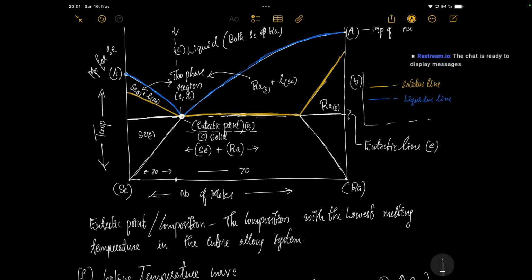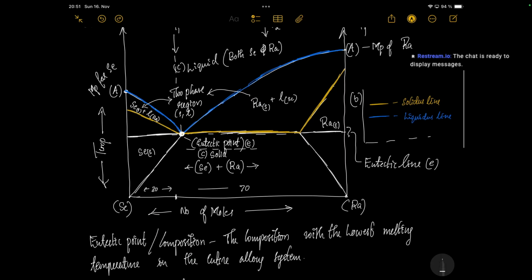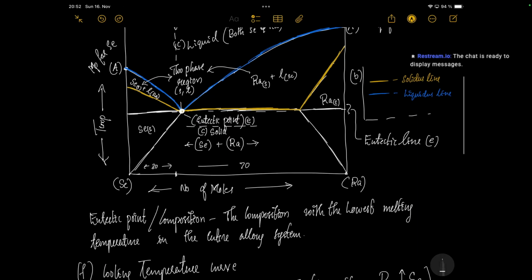When you get the eutectic composition, that's when the alloy has the lowest melting point. The metals on their own have really high melting points, as you can see both here and here. But when they become an alloy, it's different. In the case of a specific alloy called the eutectic composition, that alloy will have the lowest melting point.